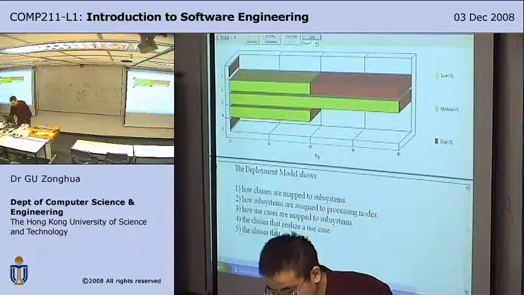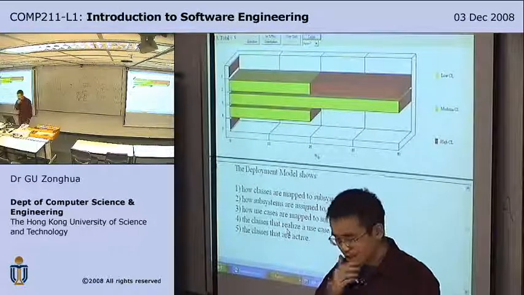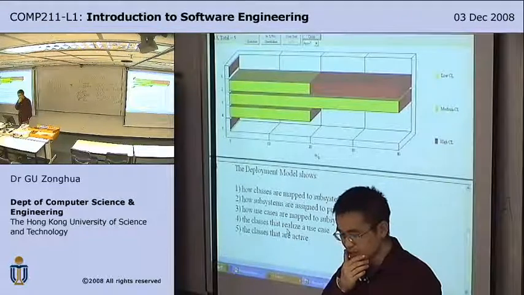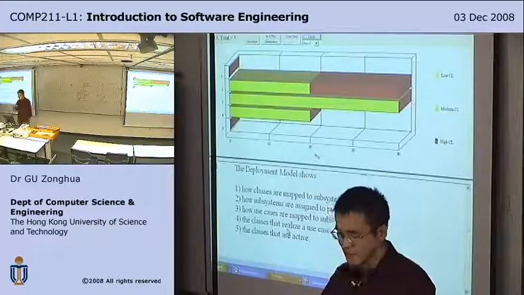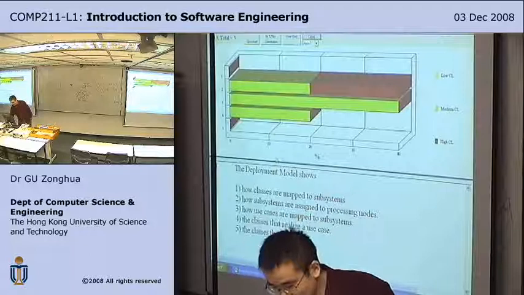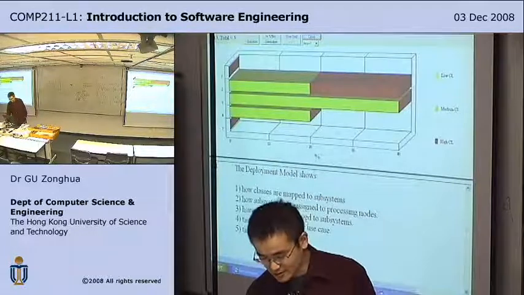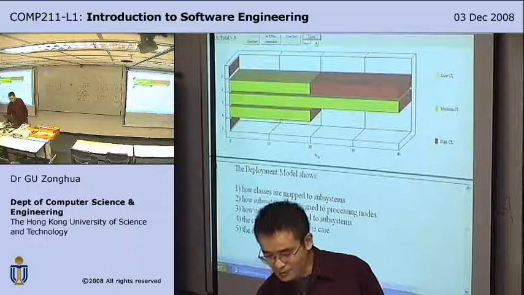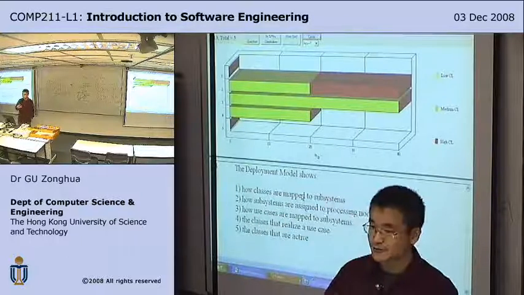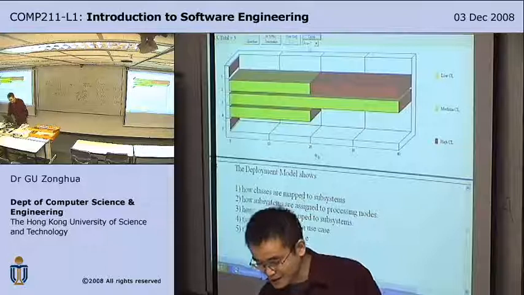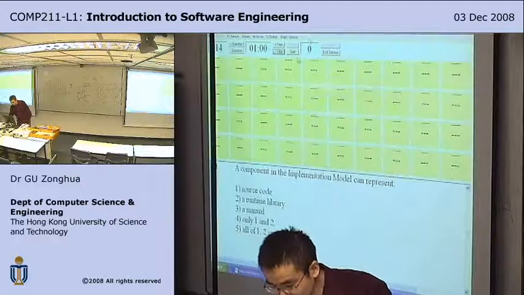Classes that realize a use case. That's not correct. That's the design model. So classes that are active, that's the active classes. That's not. So the deployment model shows the subsystems level, not class level mapping. So subsystems mapped to processing nodes.